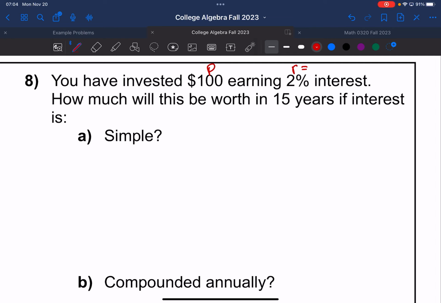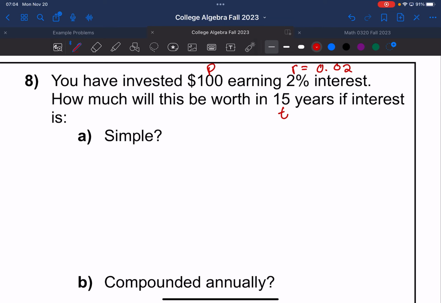Good. 2 divided by 100, so 2 decimal places to the left, so that's 0.02. What is the 15 years going to be? T, our time. And I believe we have everything labeled.